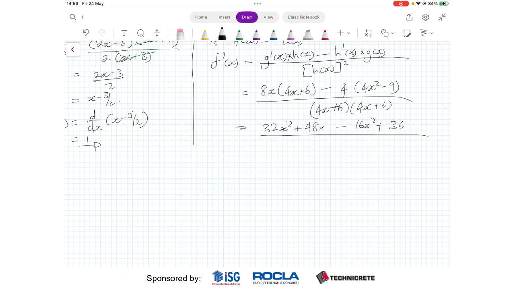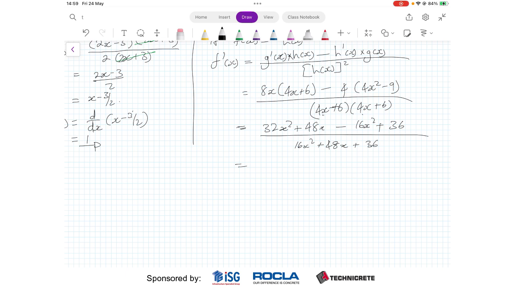All divided by 4x times 4x, that's 16x squared. 4x times 6 plus 4x times 6, that's 4 times 6 times 2, that's 48x, and finally plus 6 times 6, that's 36, right?